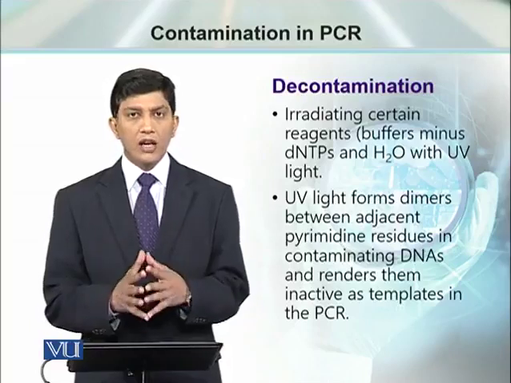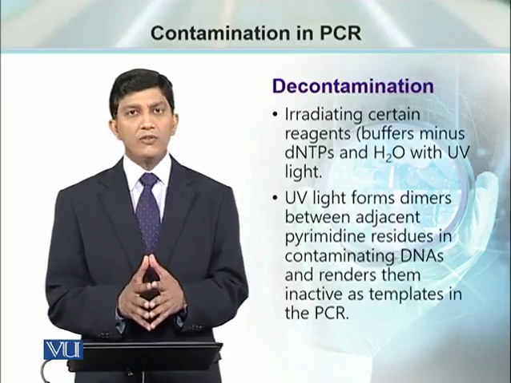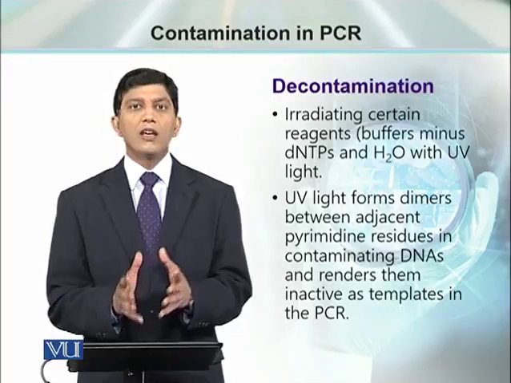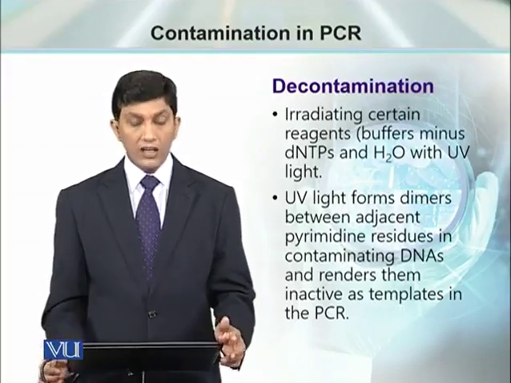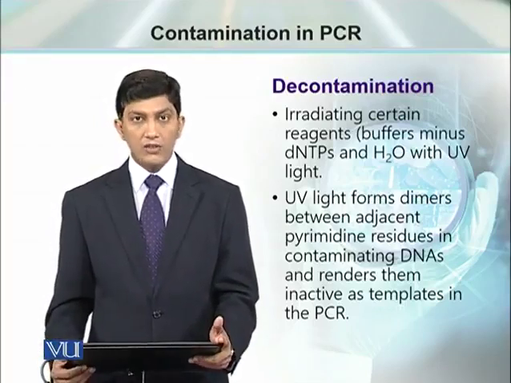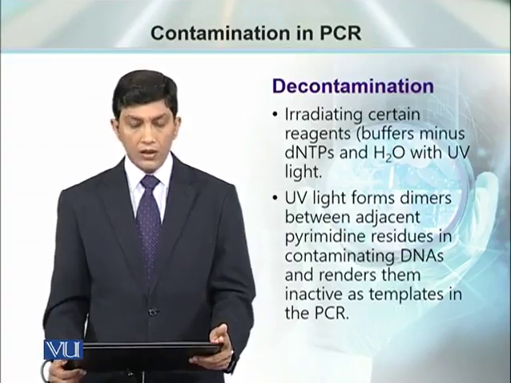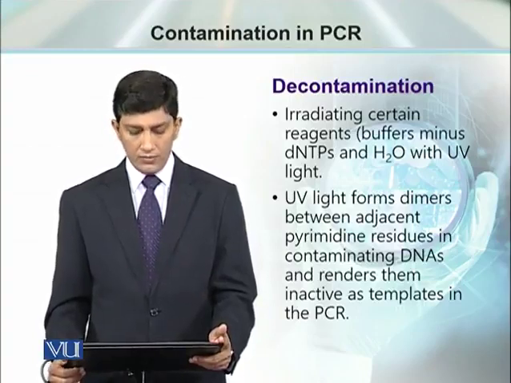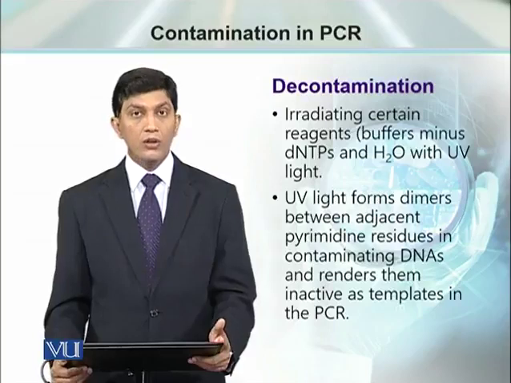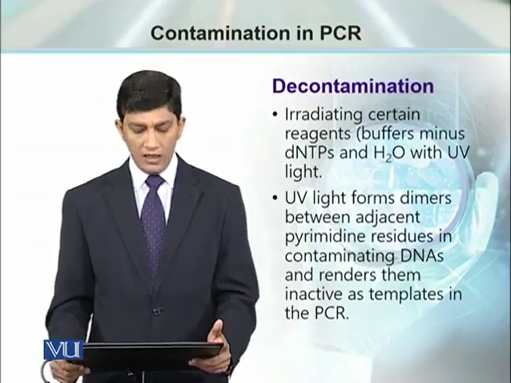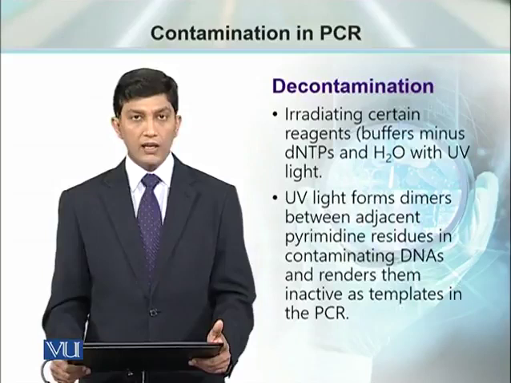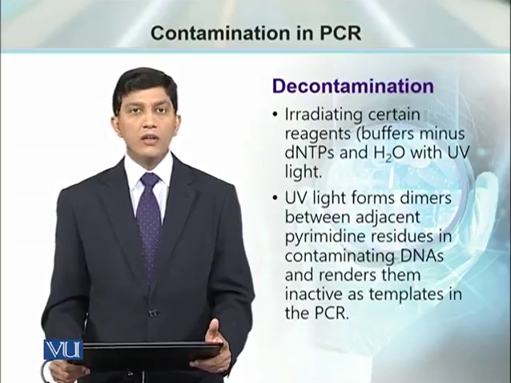If contamination occurs, then it is advised to decontaminate anything involved in PCR. Decontamination can be done by irradiation, use of UV light, to buffers. Don't expose dNTPs to the UV light because UV light causes dimer formation in the DNA.